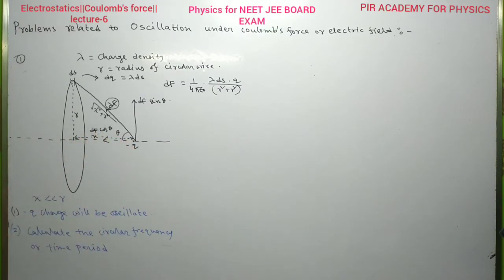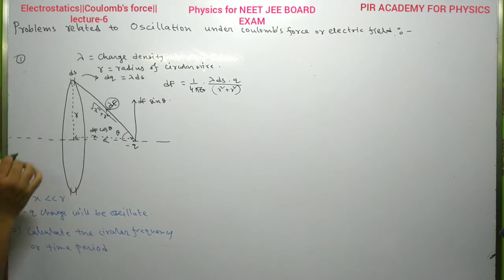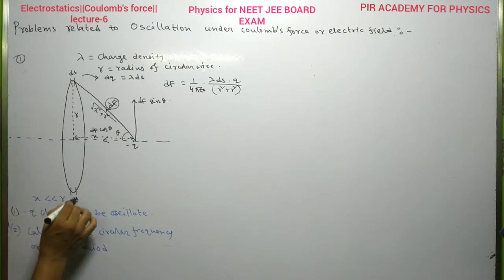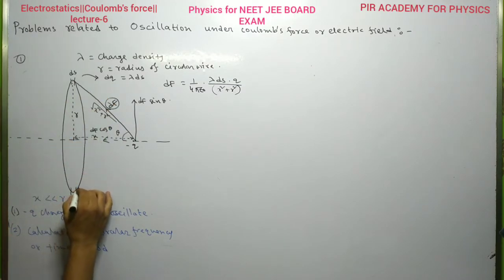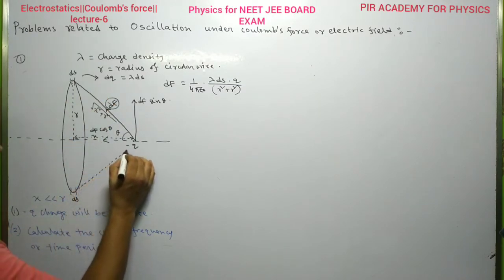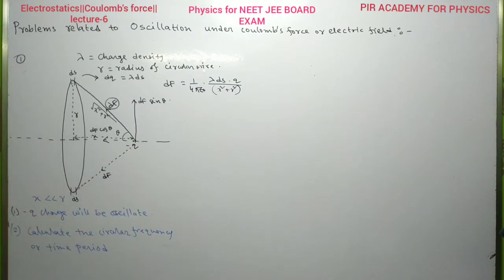In the same way, if I take another equal elementary distance ds, it contains the same charge, and the minus q charge will attract it along this direction with the same Coulomb force.